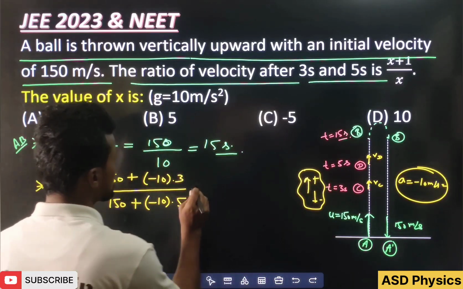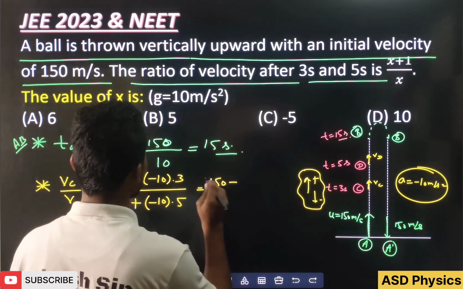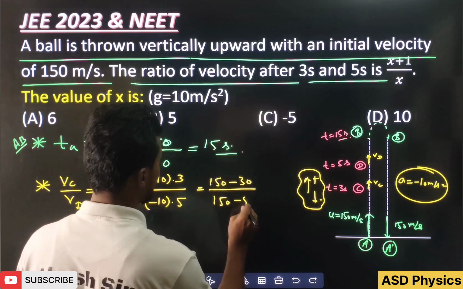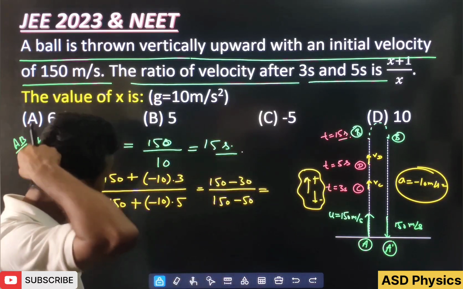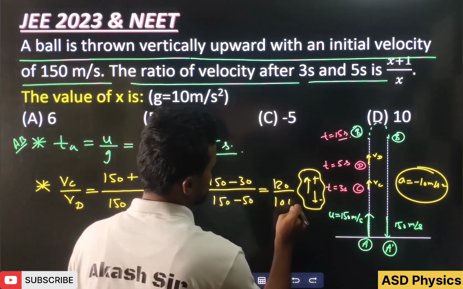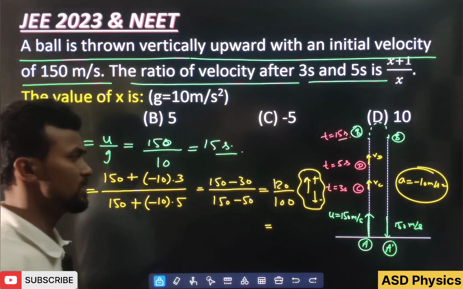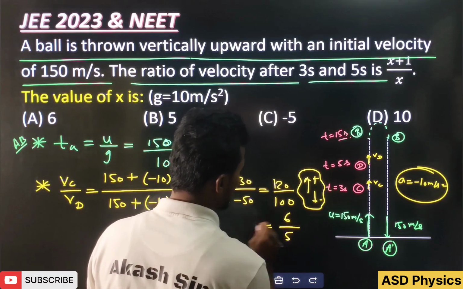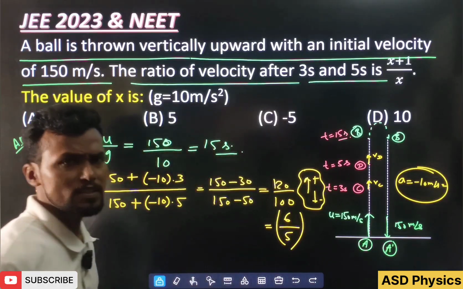Let's simplify this. It will come to (150 minus 30) by (150 minus 50). 150 minus 30 means 120, and 150 minus 50 means 100. If we cancel by 20, 100 gives 5 and 120 gives 6, so it comes to 6 by 5.